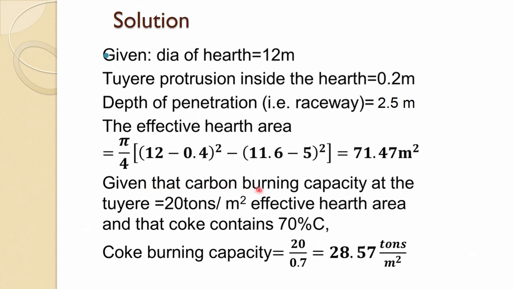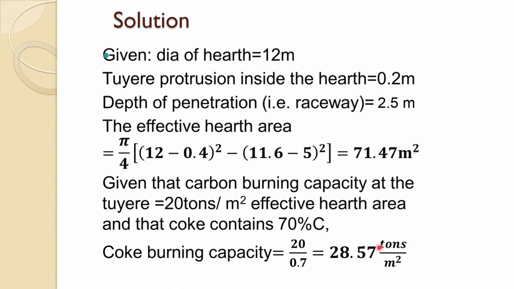So, given that the carbon burning capacity at the TUR is equal to 20 ton per meter square of effective hearth area, and that coke contains 70% carbon, we can calculate the coke burning capacity from this 20 tons and 70%.